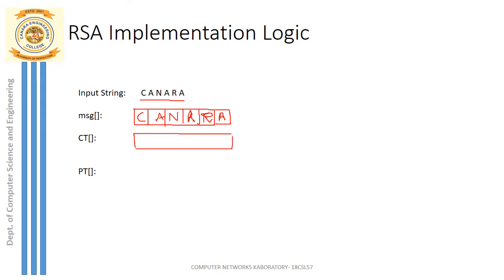By using the particular formula, in place of the message m, we take the ASCII value of the character to the power e mod n, and we convert it into some integer. The result we get after this process, for example 169, we store inside this array. Like that, for all the characters, we store the values inside the array CT.